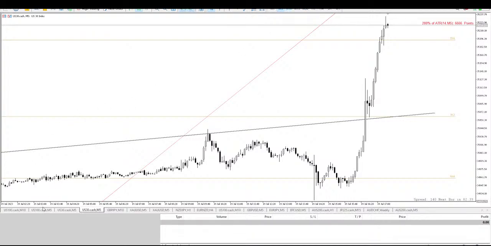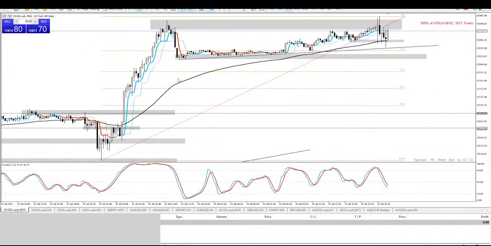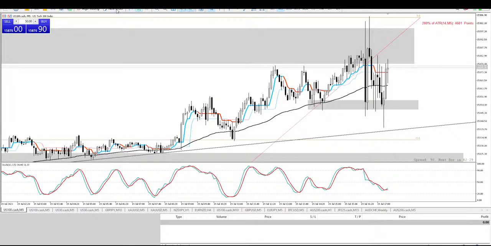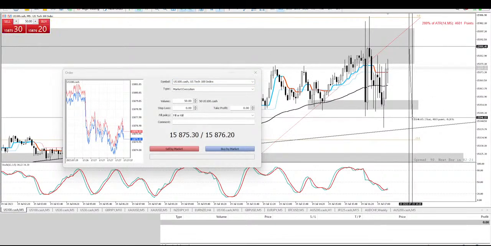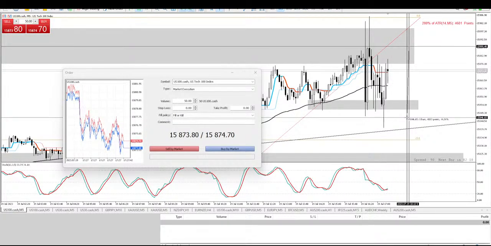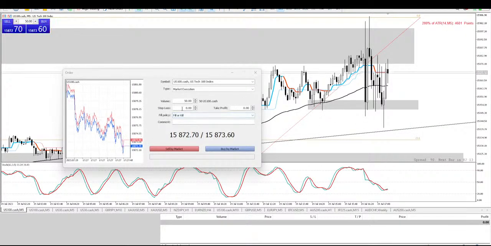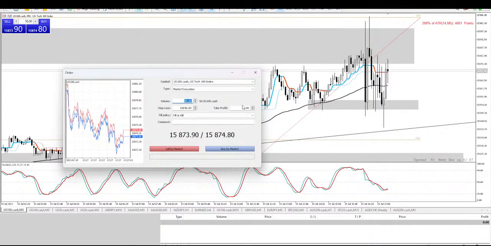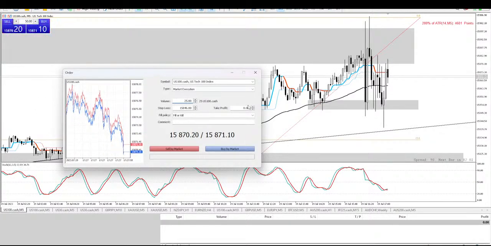US30, crazy, man. Okay, if I do take a long, let me see what the levels are gonna be. Probably put my SL under this area here. So that'll be 15,846. I'm gonna reduce my risk because I've lost about 2.5% so far.